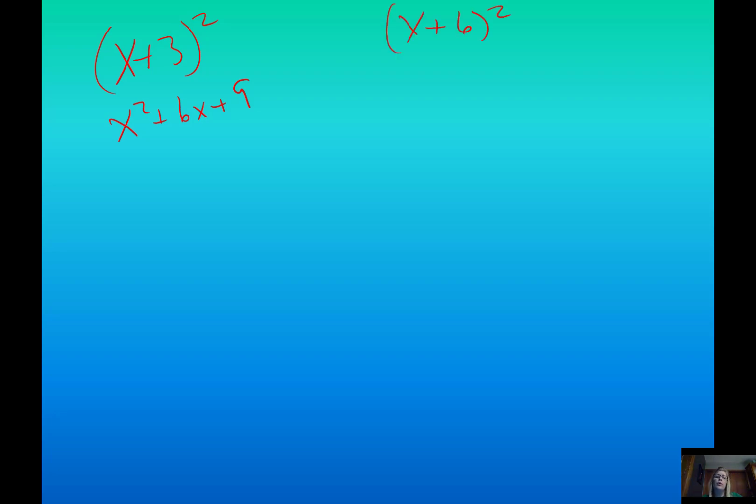And again, you would FOIL it out and you would say x squared plus 12x plus 36. And I'd be like, yay, kudos to you. And then I'd be like, okay, smarty pants, what about x minus 8 squared? And you would FOIL it out again and you'd say x squared minus 16x plus 64. And I'd be like, oh, you're so awesome.